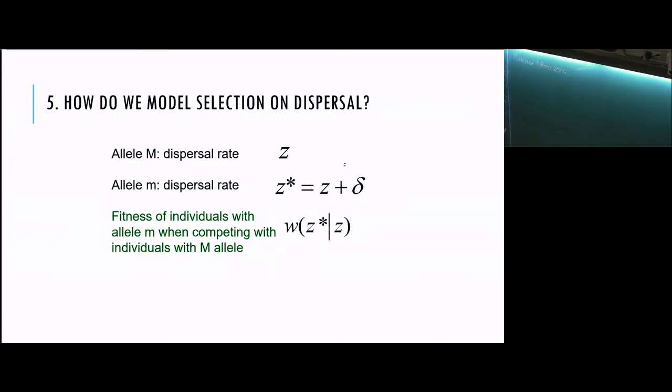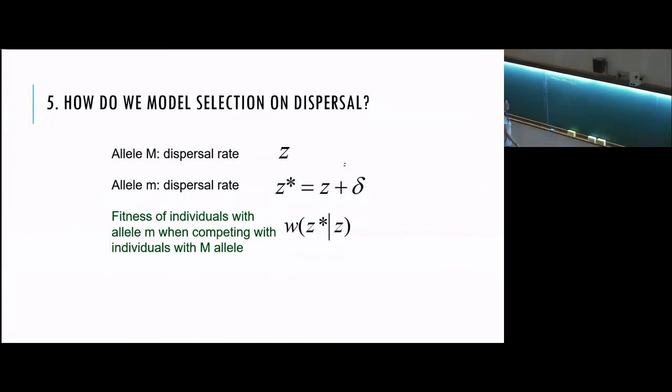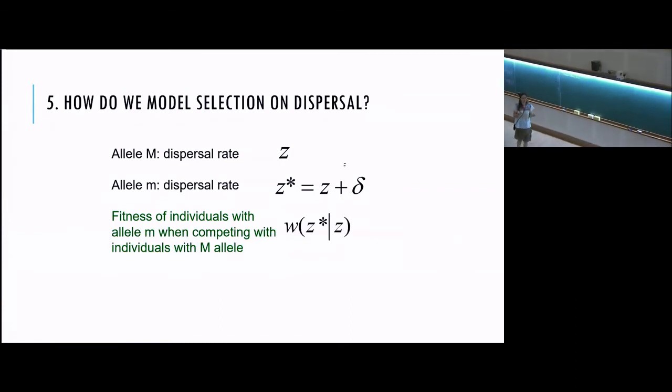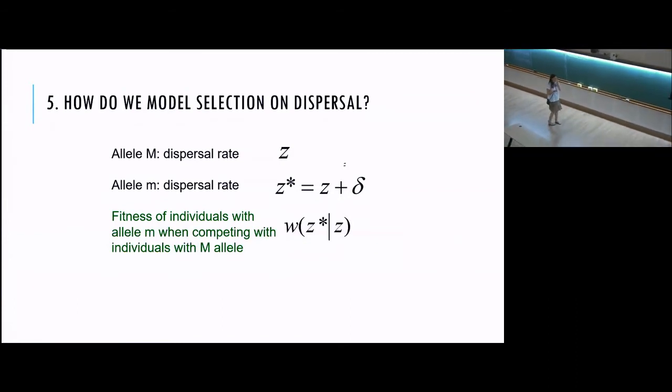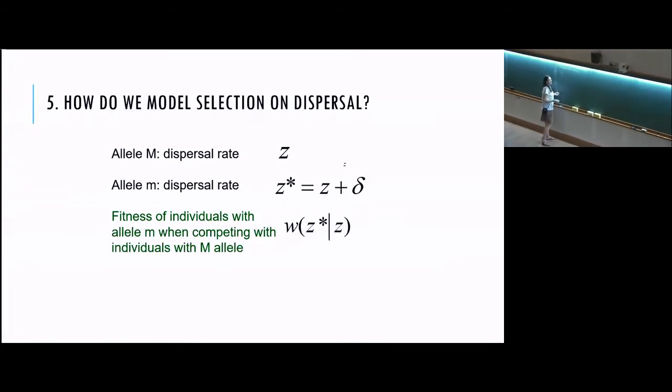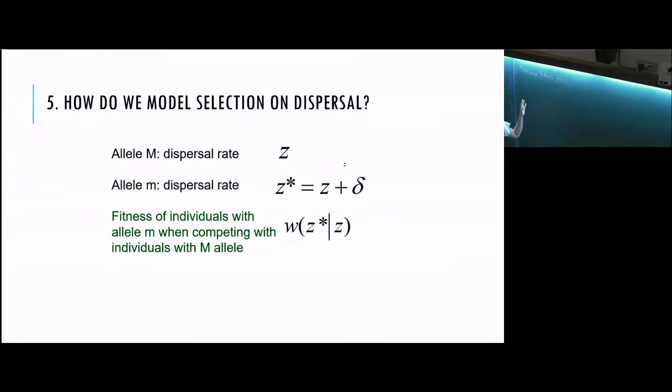So I will do a simpler version for you now. If we want to model selection on dispersal, we're going to do what every population genetic model does. We're going to assume that we've got some allele M, so we work with a haploid model of population genetics.